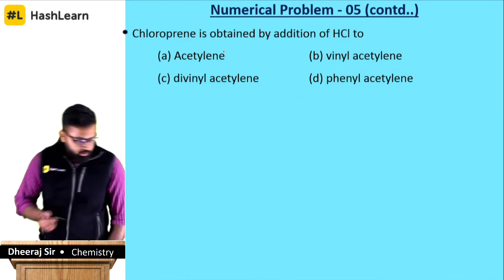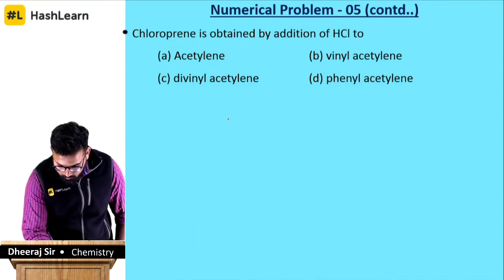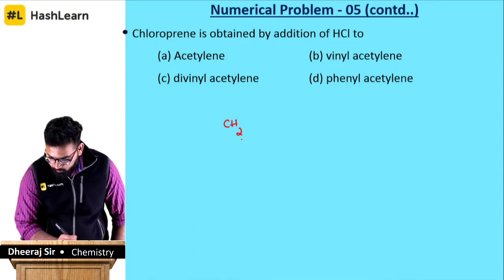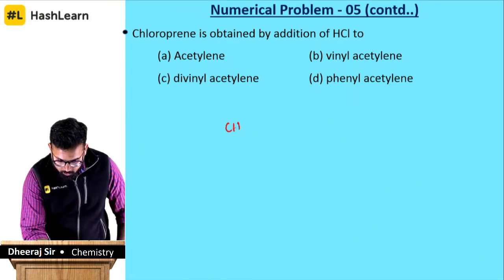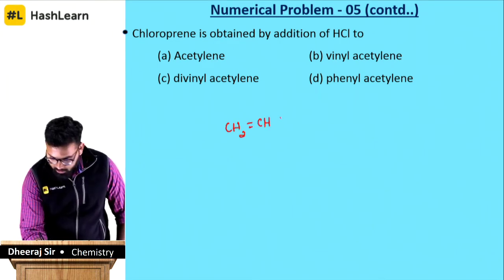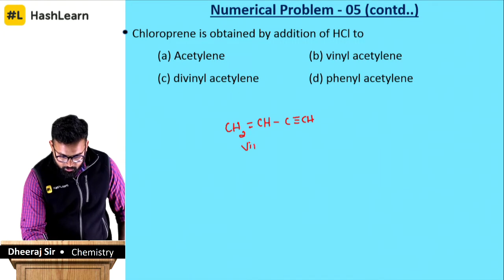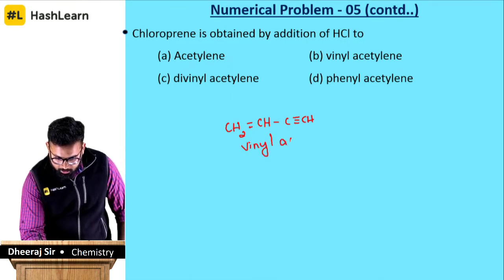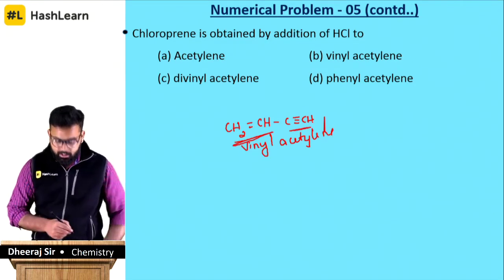So Yogesh says it's 5A. CH2 double bond CH, CH2 double bond CH, C triple bond CH. This is vinyl acetylene. You should know which is the acetylene molecule. This is the acetylene part, this is the vinyl part, so it is called vinyl acetylene.